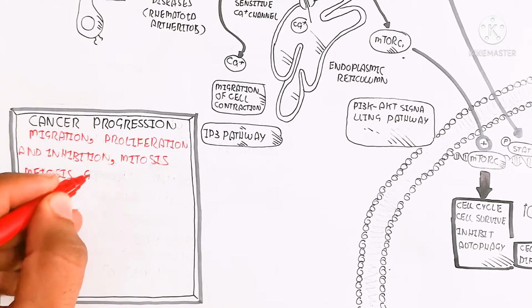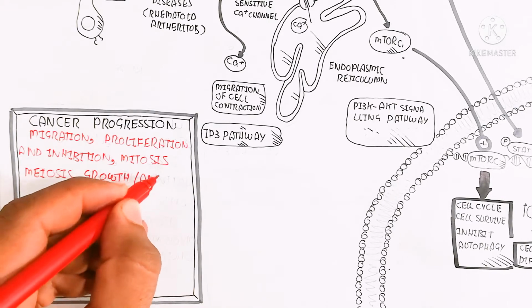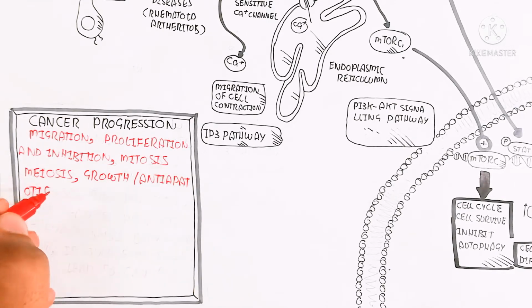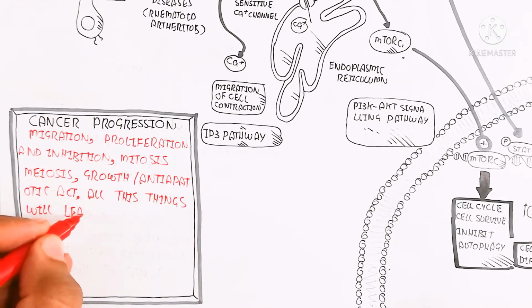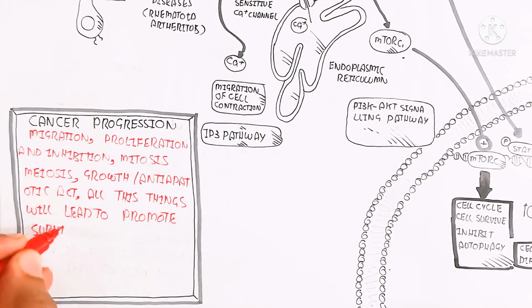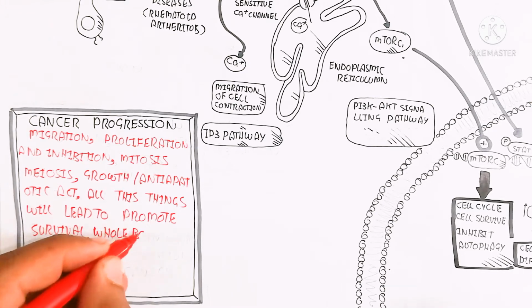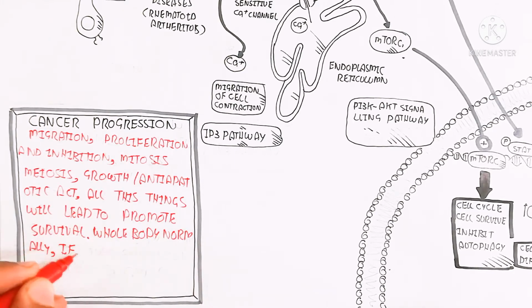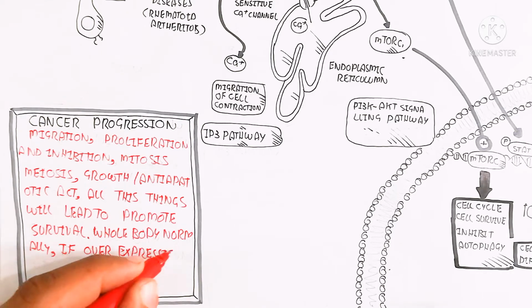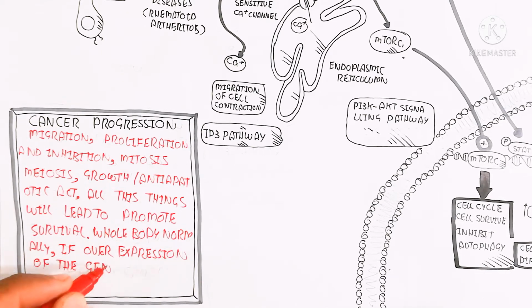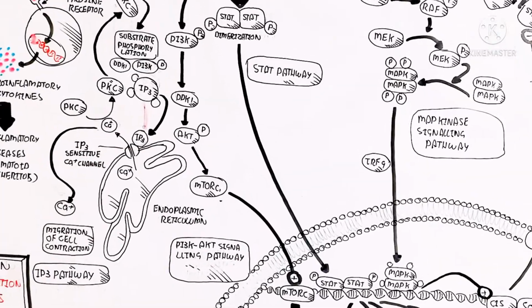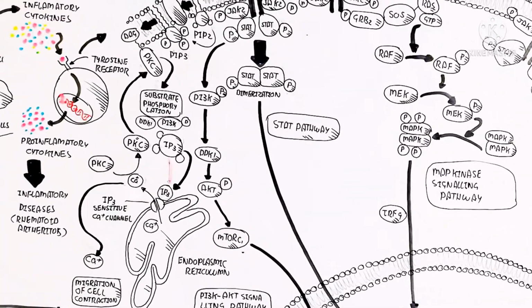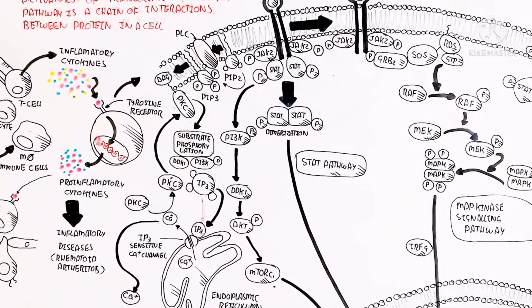So here cancer progression, for example, will occur with migration, proliferation, inhibition of mitosis, meiosis and growth, and anti-apoptotic action, and all these things will lead to promoting survival. Normally, if our expression of these genes goes wrong it can cause cancer, but it normally works for normal physiology in our body.